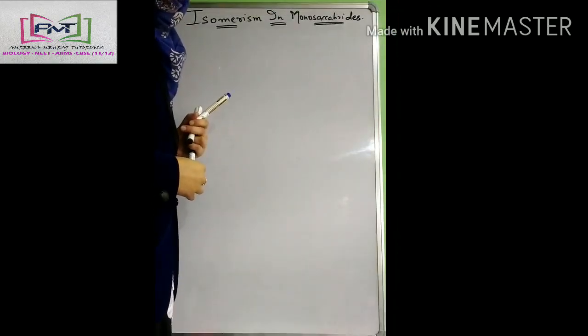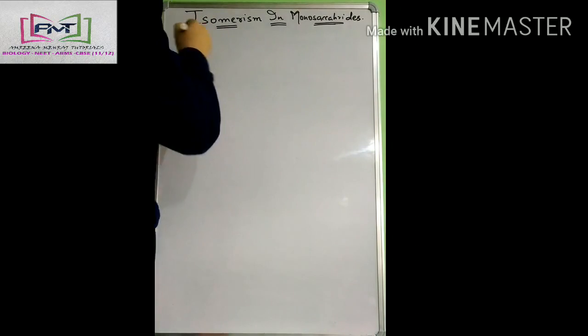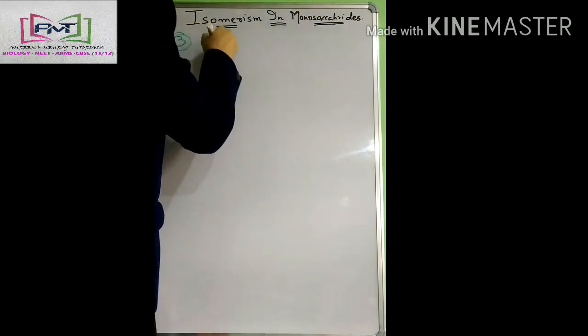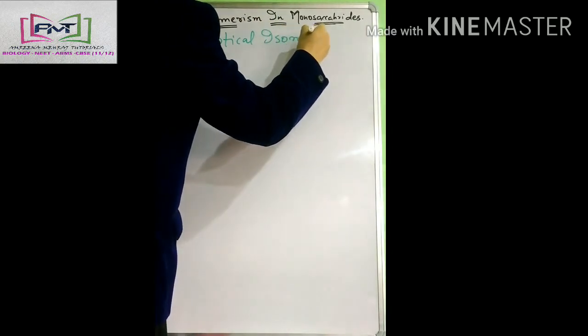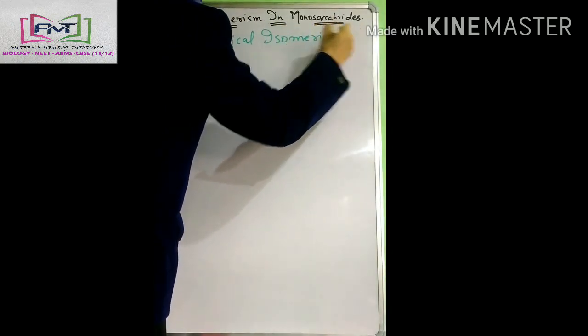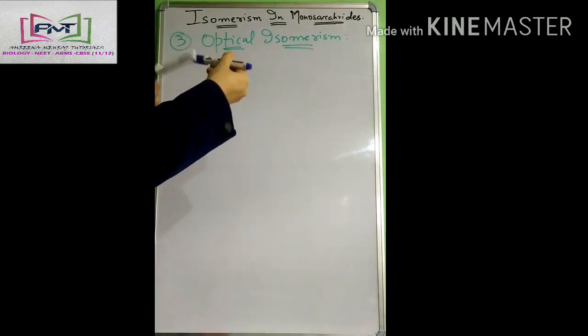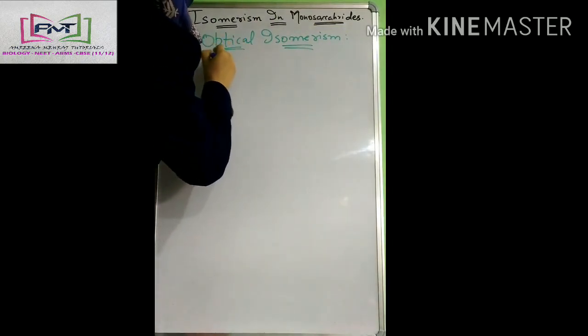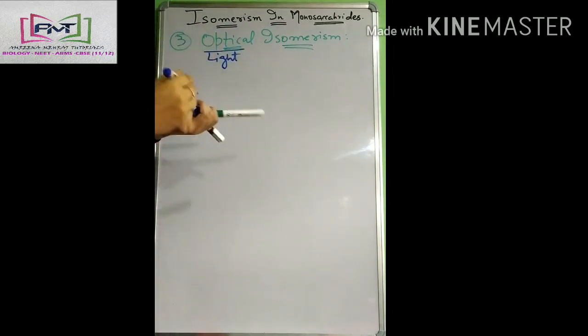Let us understand the most interesting kind of isomerism, that is the third one, which is optical isomerism. This is very, very interesting, and as you can see in this word, optic, it is pertaining to what? It is pertaining to light.